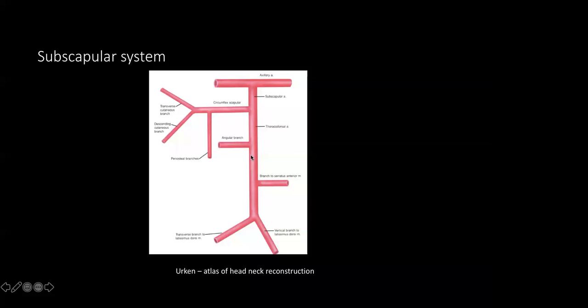Now, the thoracodorsal artery is what supplies the latissimus dorsi muscle. Along its course, it gives an angular branch to the angle of the scapula, which is the bone. You get branches to the serratus anterior muscle, and then you get a vertical and transverse branch into the latissimus dorsi muscle. And from these branches, you get perforators, which supply the skin.